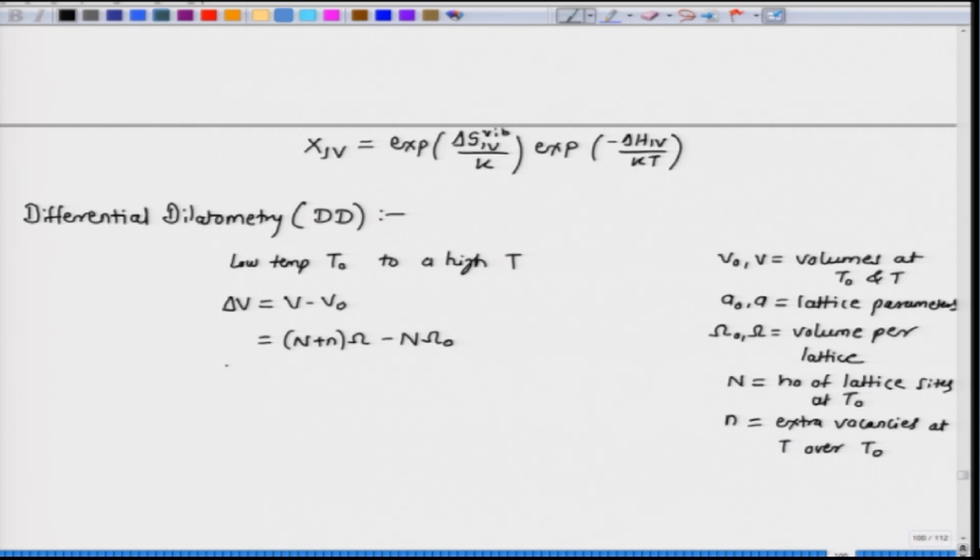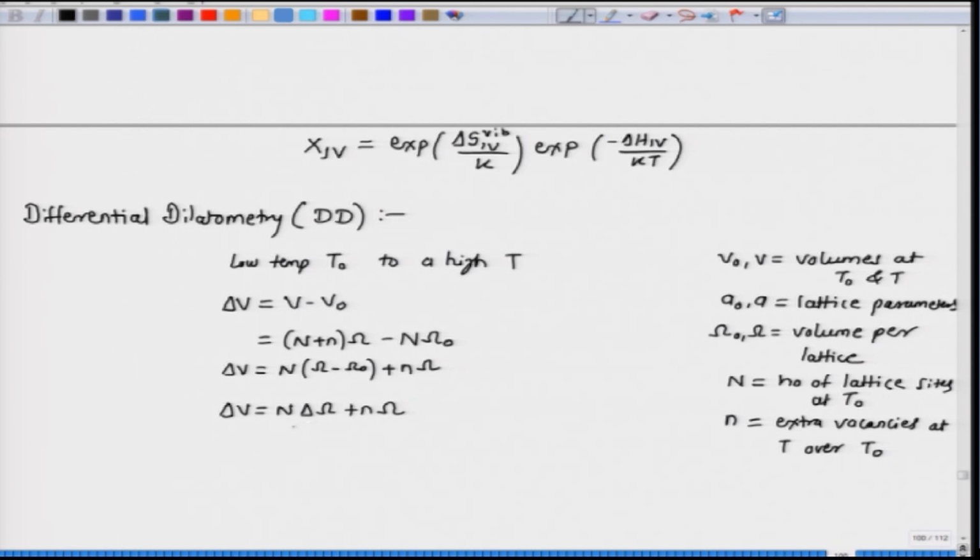So, if we take this capital N common, we get N times (omega minus omega 0) plus small n times omega. And if we denote this omega minus omega 0 as Δomega, we get ΔV equal to N Δomega plus small n times omega.